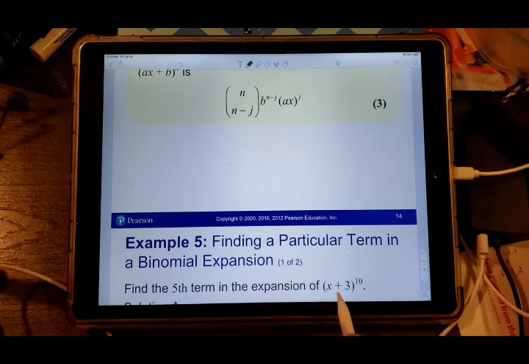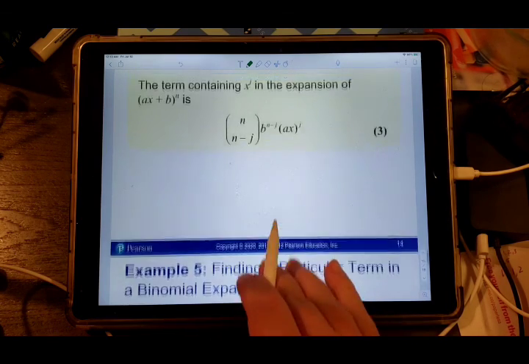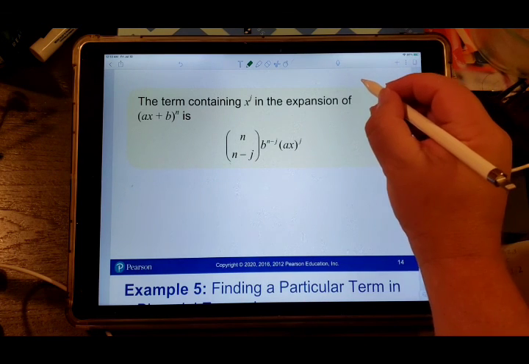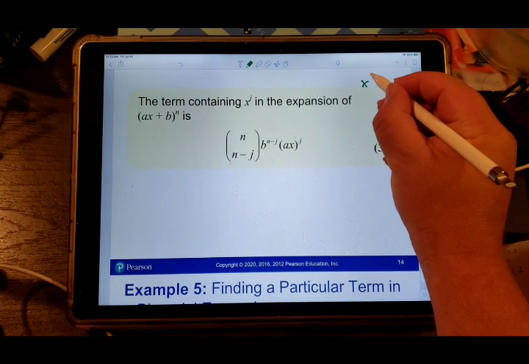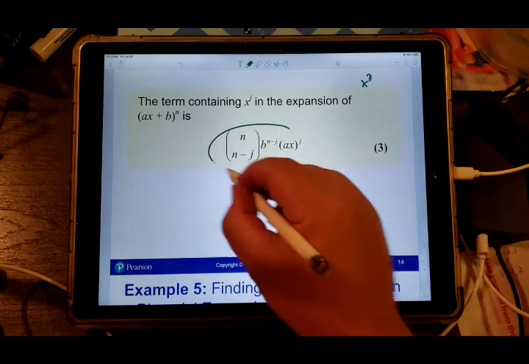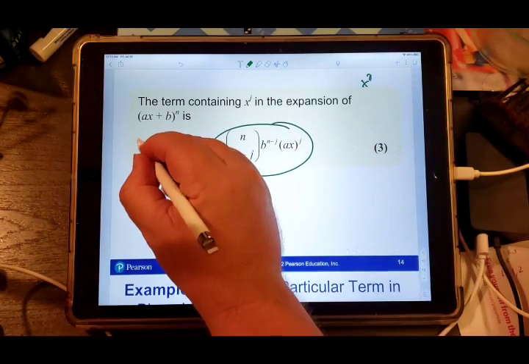If you have (x + 3)^10, and they're asking you to find the term containing x to the 7, well, this formula will give that to you.